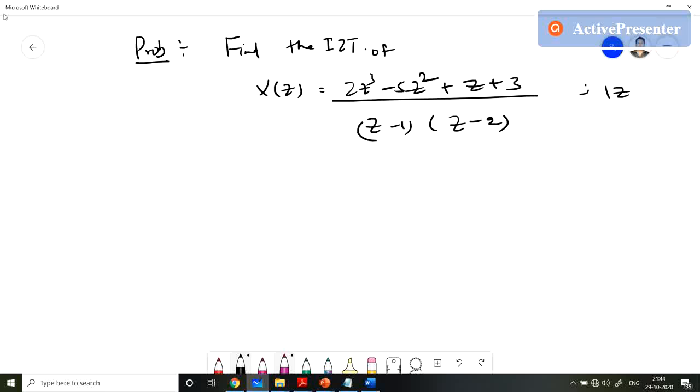And the ROC is given as modulus of z less than 1. So this is the ROC, modulus of z less than 1.